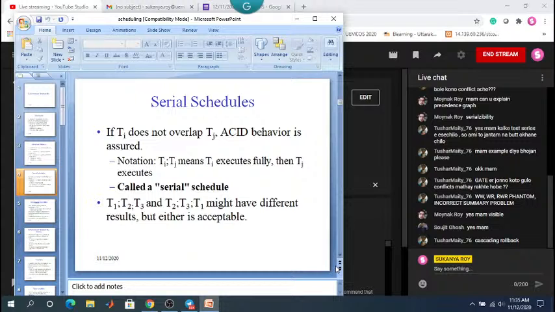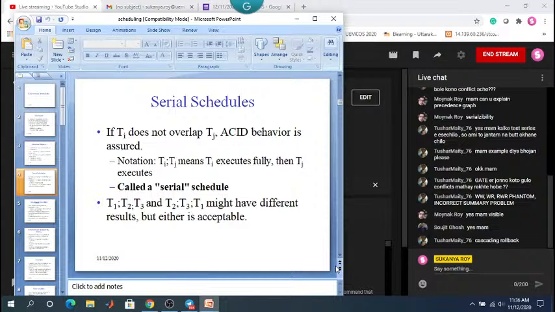Now, what do you mean by serial scheduling? First, you need to keep in mind that every schedule or every transaction must follow the ACID property. Now, Ti is one transaction set, and Tj is another transaction set. If Ti does not overlap with Tj, then the ACID property is maintained.